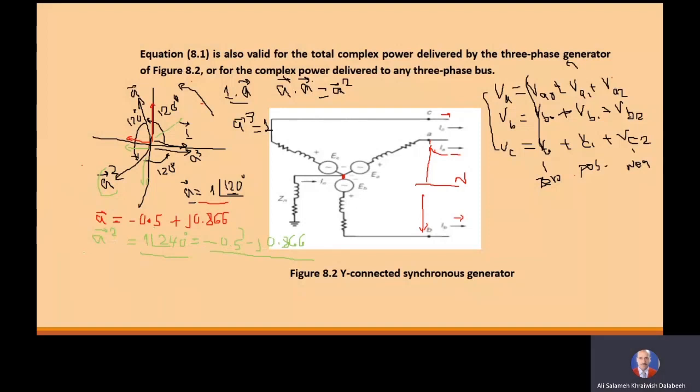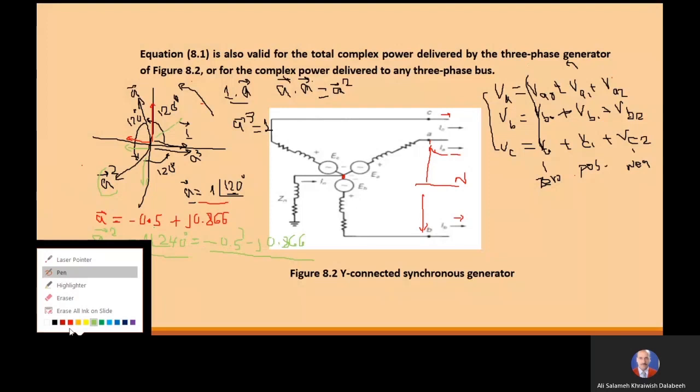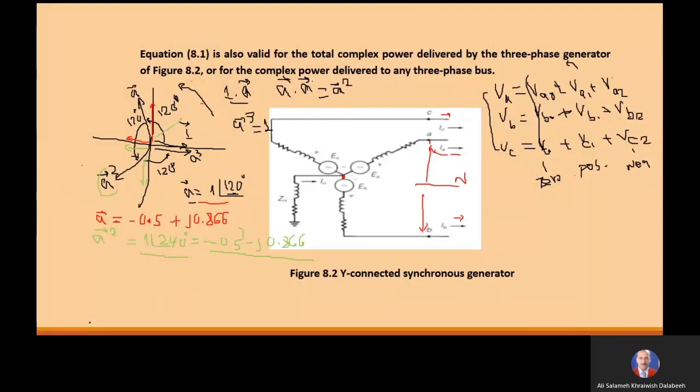Now, we can use the operator A to write the voltages VA, VB, VC.